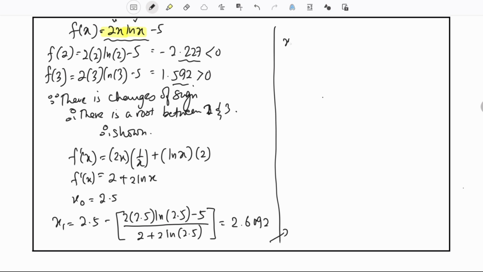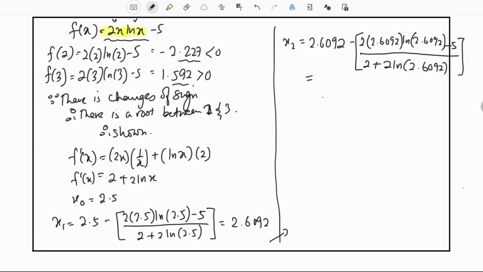So next, do your x2. So similarly, 2.6092 minus, so you get x2 will be 2.6080. Still not the same, so find x3. So again, substitute.